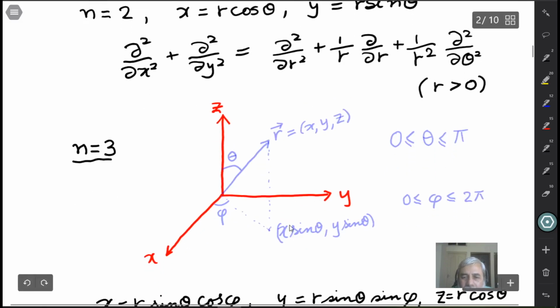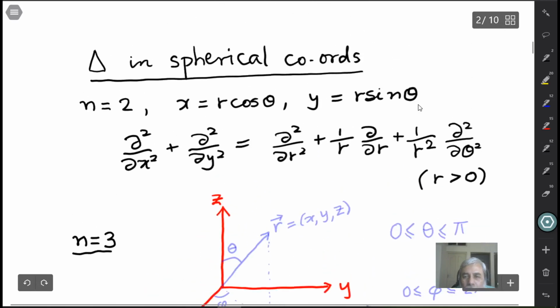So here, using x, y, z as coordinates, this vector r, which is x, y, z, makes the angle theta with the z axis. Okay, and then you project this vector onto the xy plane, and in this xy plane you use the polar coordinates.